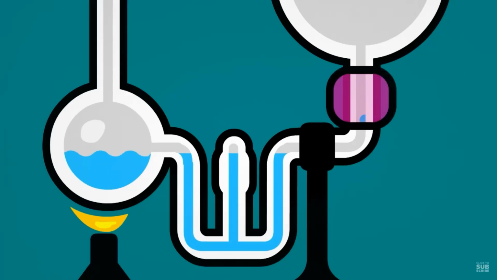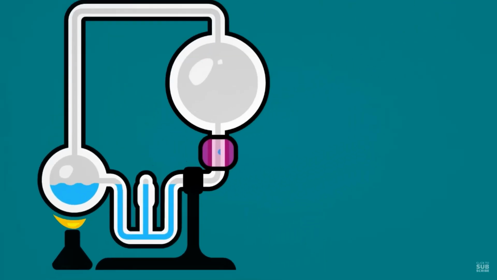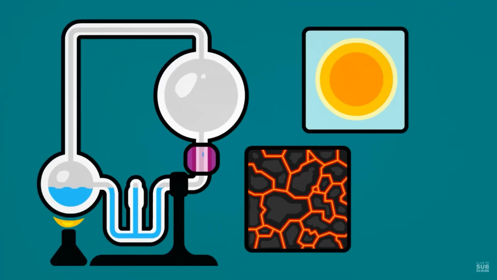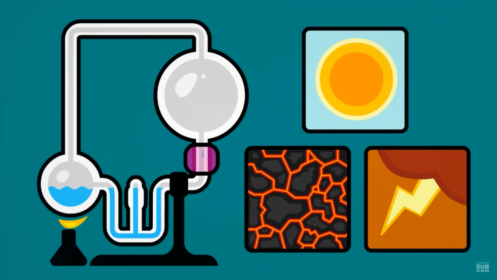They added a condenser to cool the atmosphere, allowing water molecules to form drops and fall back into their ocean like rain. The ancient Earth would have had many sources of energy, sunlight, geothermal heat, and even thunderstorms, so they added sparks to the atmosphere to simulate lightning.